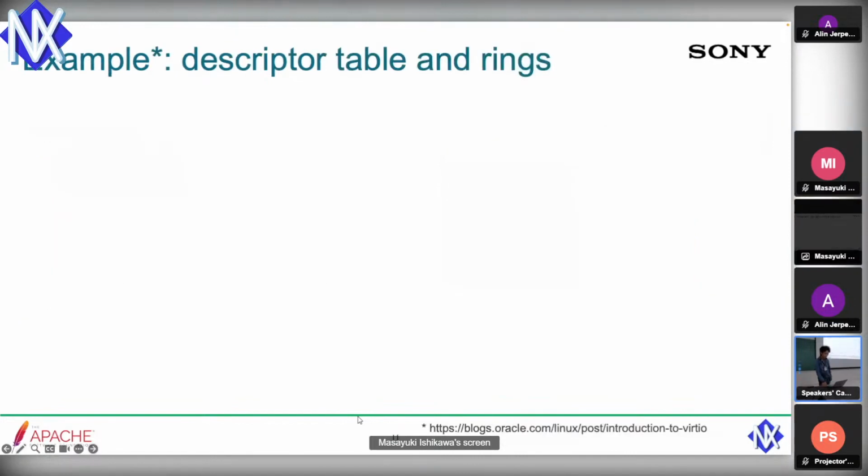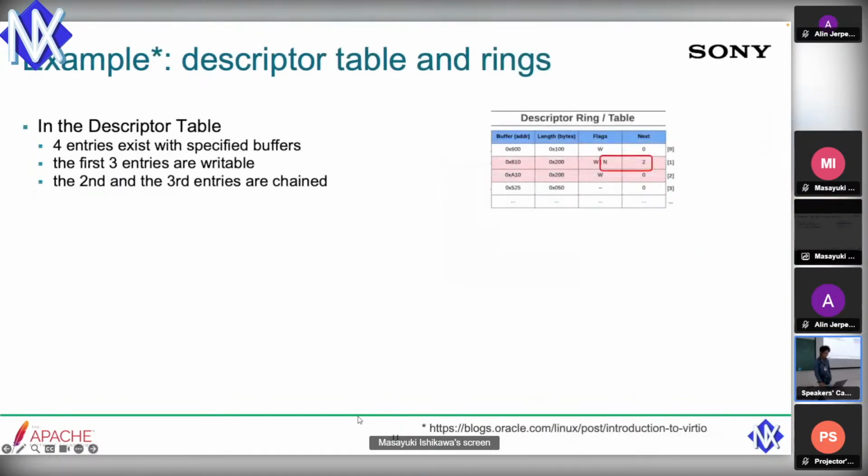So I borrowed this example from our website. In the descriptor table, 4 entries exist in these specified buffers. The first 3 entries are writable, so you can see this W bit is specified here for 3 buffers.